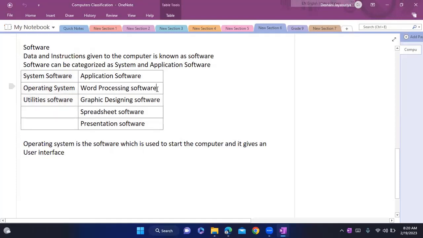We have MS Word for presentations, PowerPoint, spreadsheets, Excel, like that. We are going to only cover the system software in the OS part, and some utility software will be covered. So that's how software is categorized.